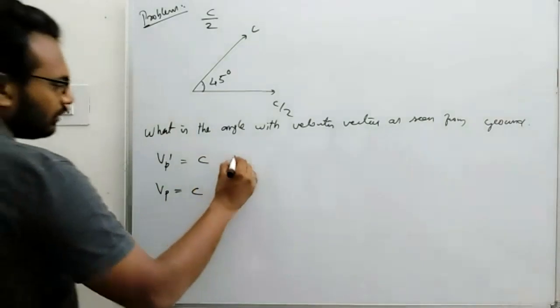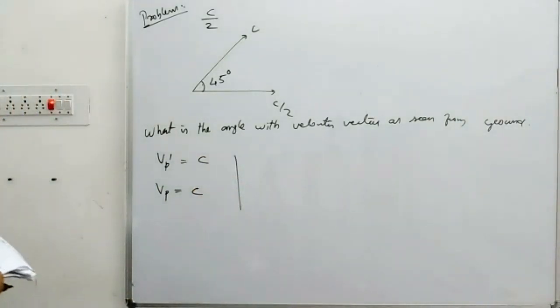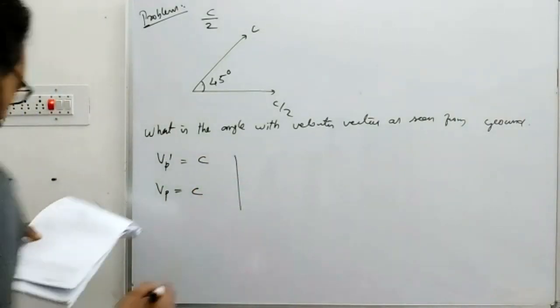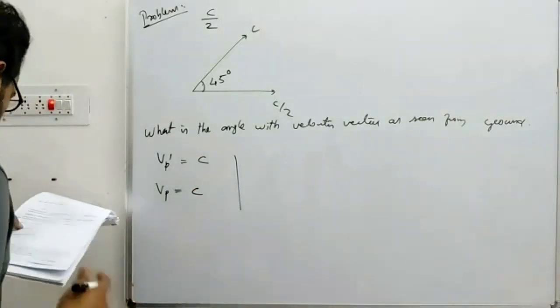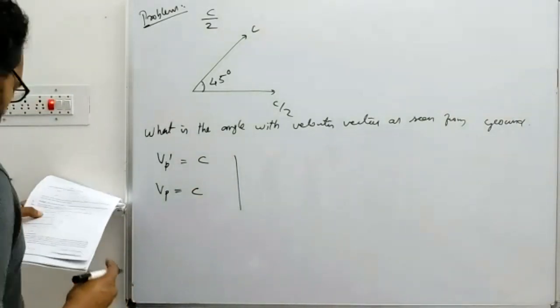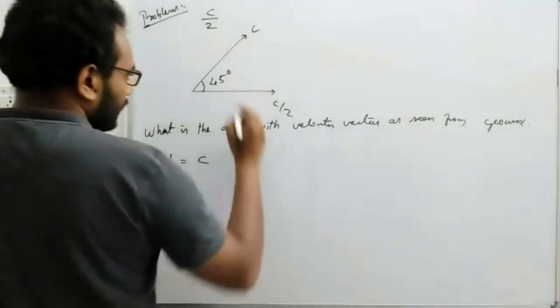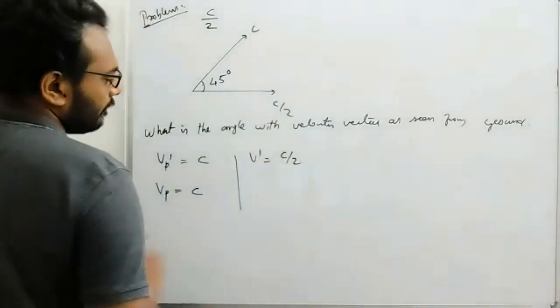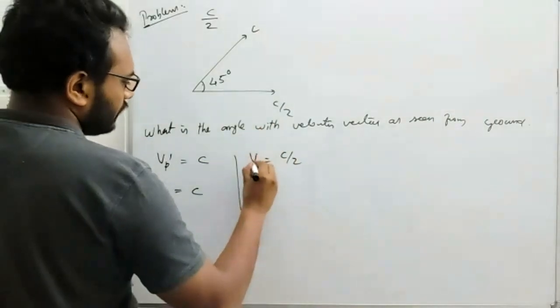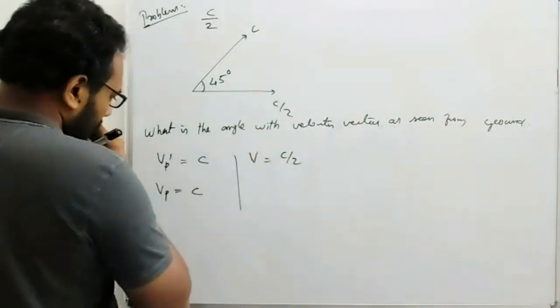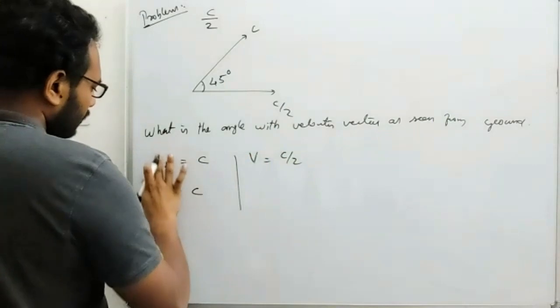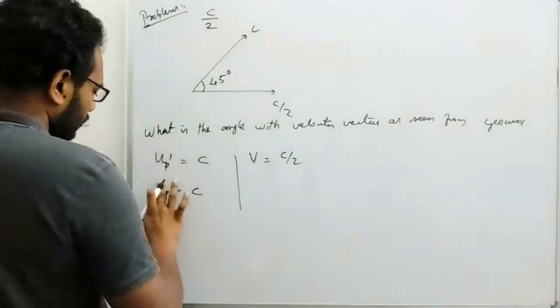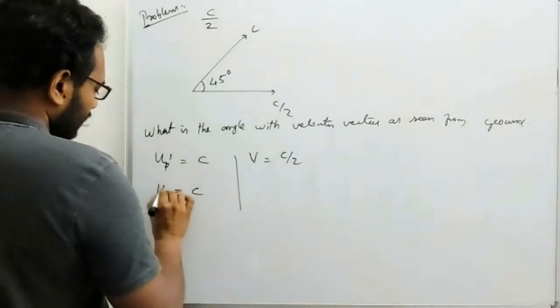So we'll just write down whatever we have. We can write V is equal to c by 2. That's the speed of the car. I think it's better to write this as u prime.